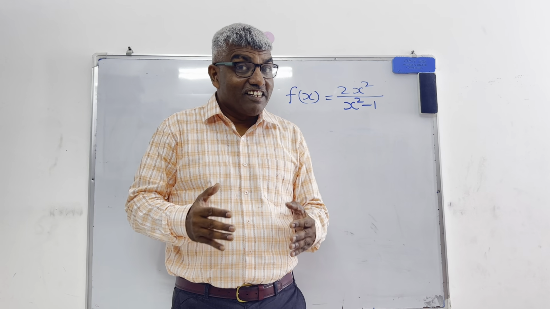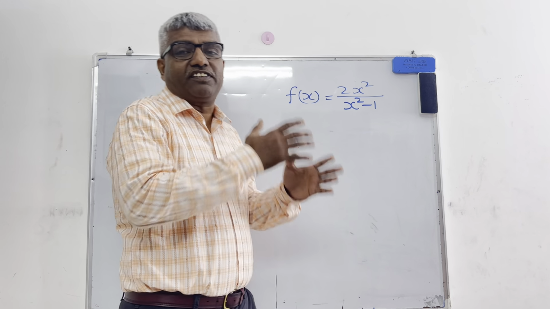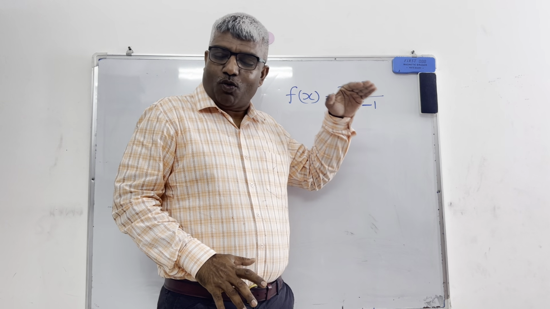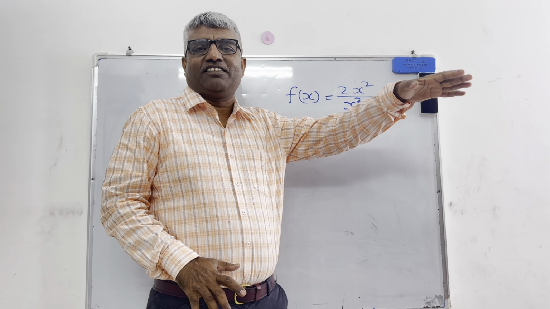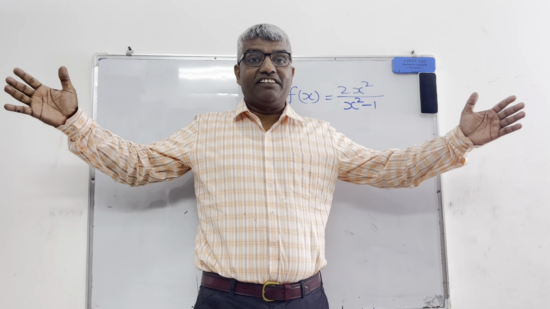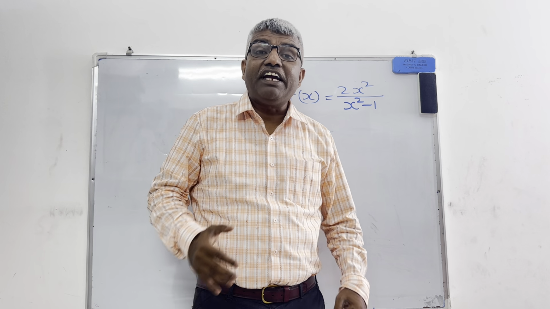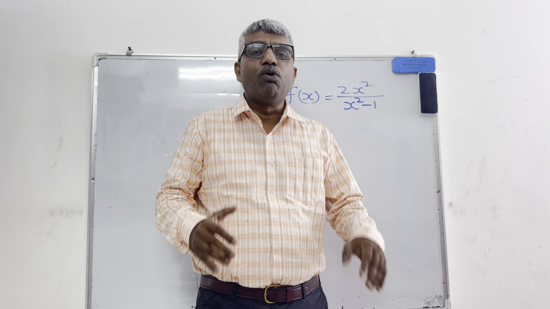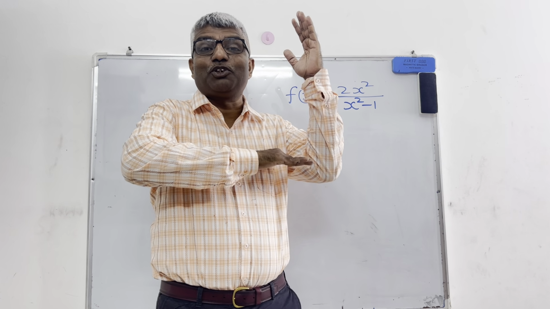Hi, in this lesson we are going to see how to sketch the graph f of x is equal to 2x squared over x squared minus 1. There are 7 steps. First is find domain. Second is find intercept. Third, find symmetry. Fourth, find asymptote.